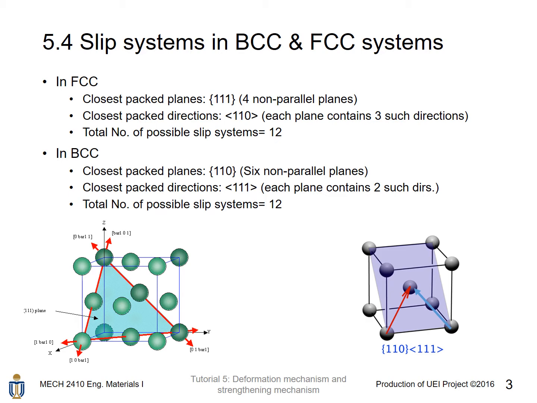And the closest packed directions are the family of directions <1,1,0>, and each of those 4 non-parallel planes contains 3 such directions, and therefore the total number of possible slip systems in FCC is 12.